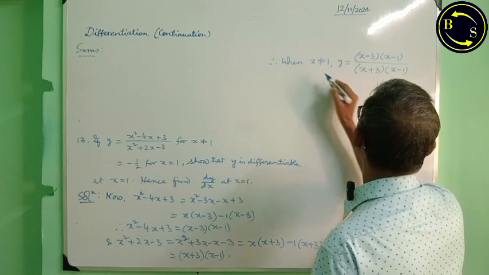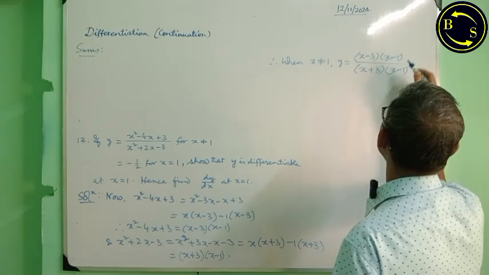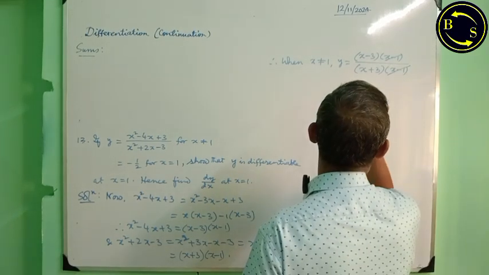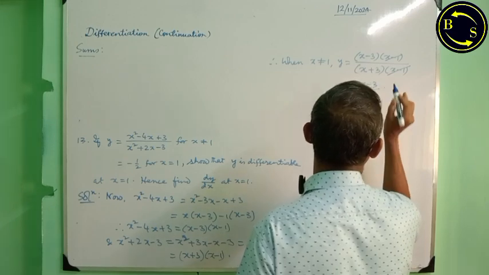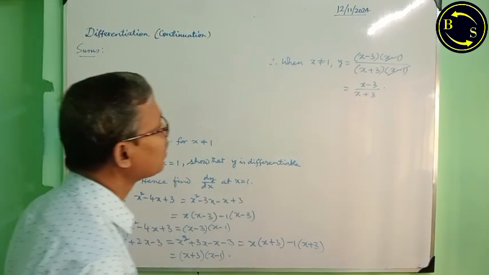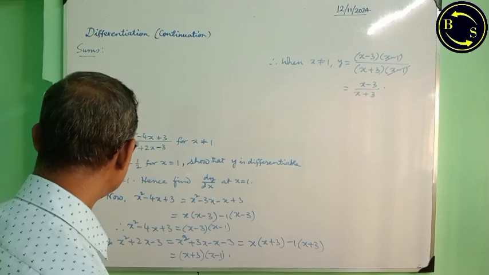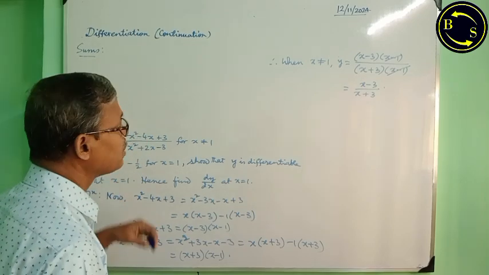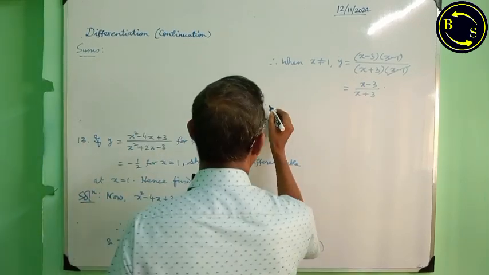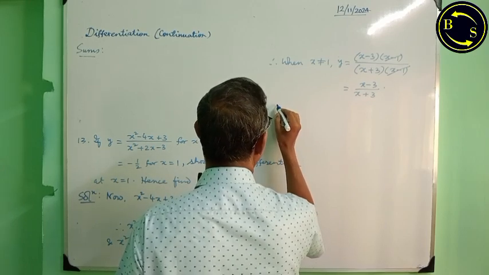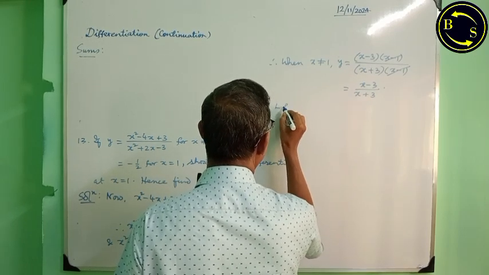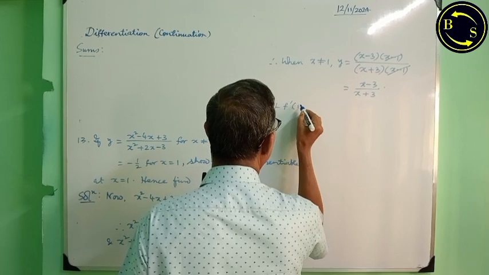X is not equal to 1, therefore I can cancel these two. Finally, the form is (x minus 3) by (x plus 3). Now, for differentiability, therefore, left hand derivative f dash 1.